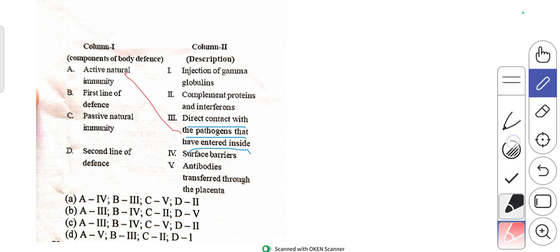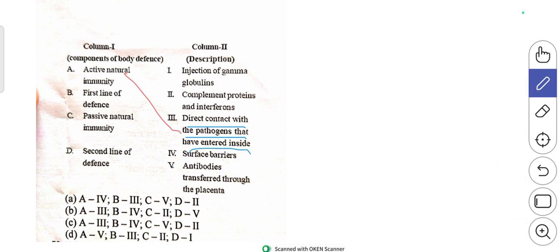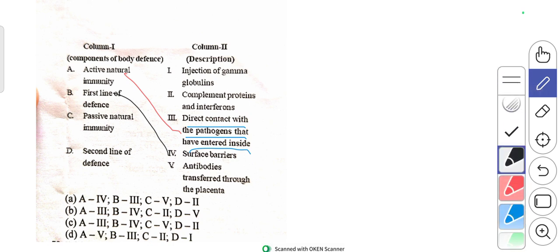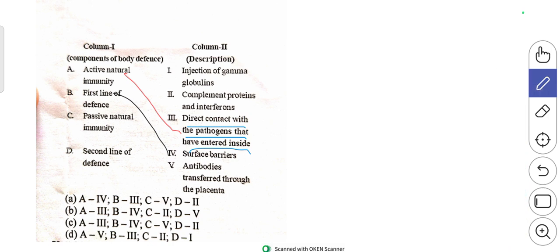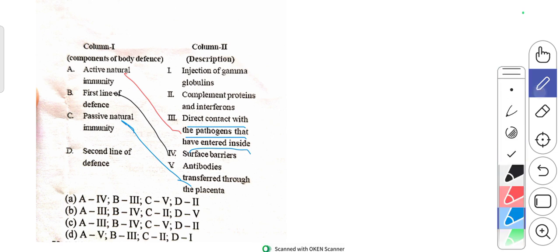Then which is considered as the first line of defense? The first line of defense will be shown by the surface barriers present in our body. So surface barriers: skin, mucus, etc. Then passive natural immunity. This passive natural immunity will be shown by the placenta. Antibodies transferred through the placenta are one of the best examples for passive natural immunity.